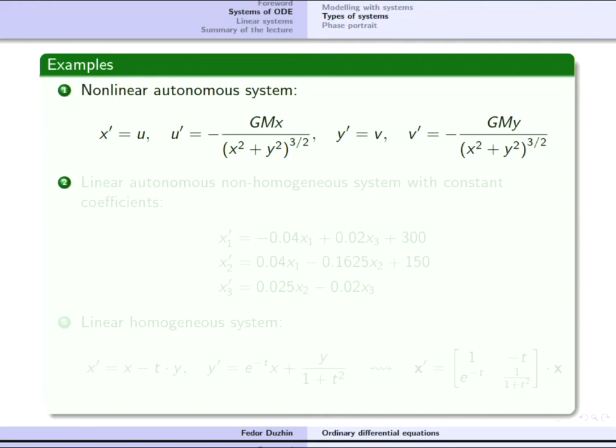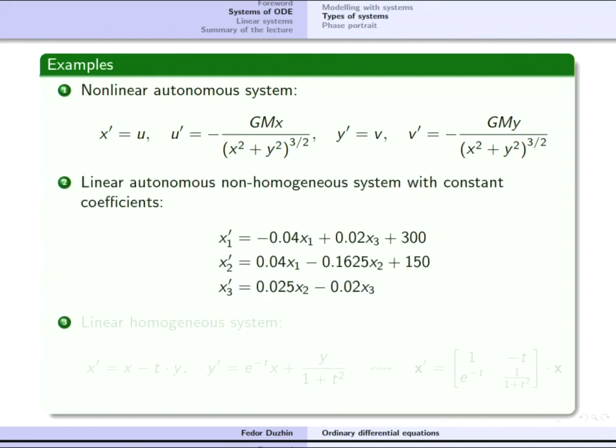Let us look at a couple of examples. The planet motion is a nonlinear autonomous system of 4 dimensions, so 4 unknowns and 4 equations.